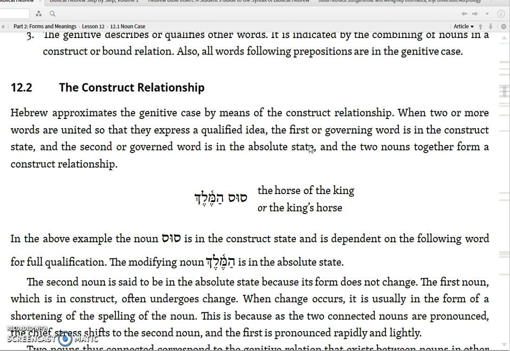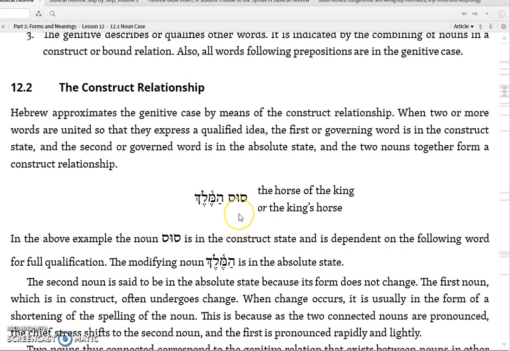When two words are united so that they express a qualified idea, the first or the governing word is in the construct state, whereas the second word is said to be in the absolute state.